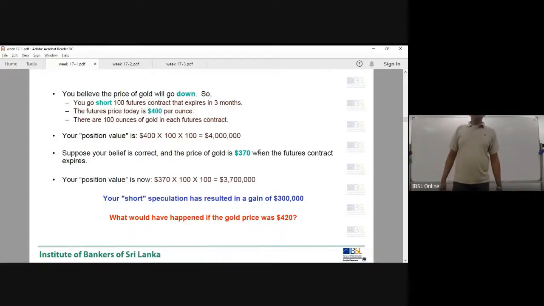Suppose your belief is correct and the price of gold goes to 370. So you sold at 400, the price went to 370. You make a gain of 400 minus 370, a $300,000 gain.